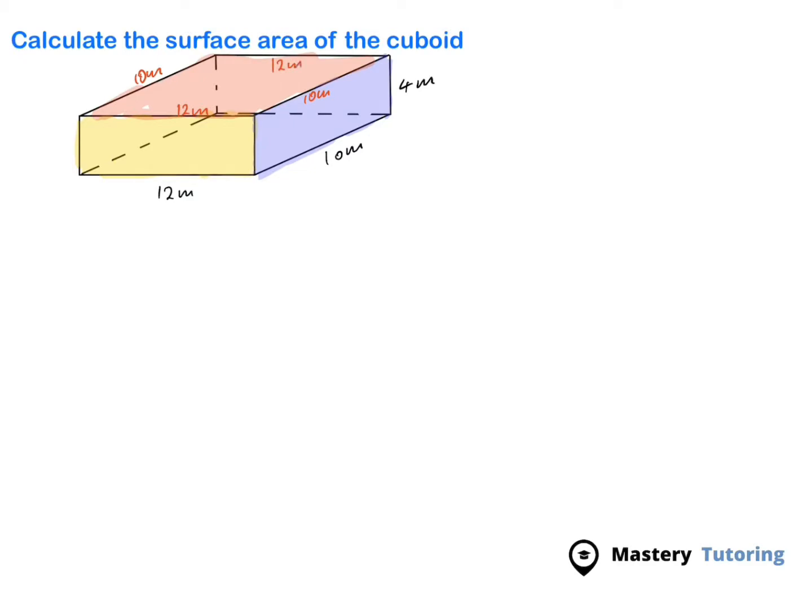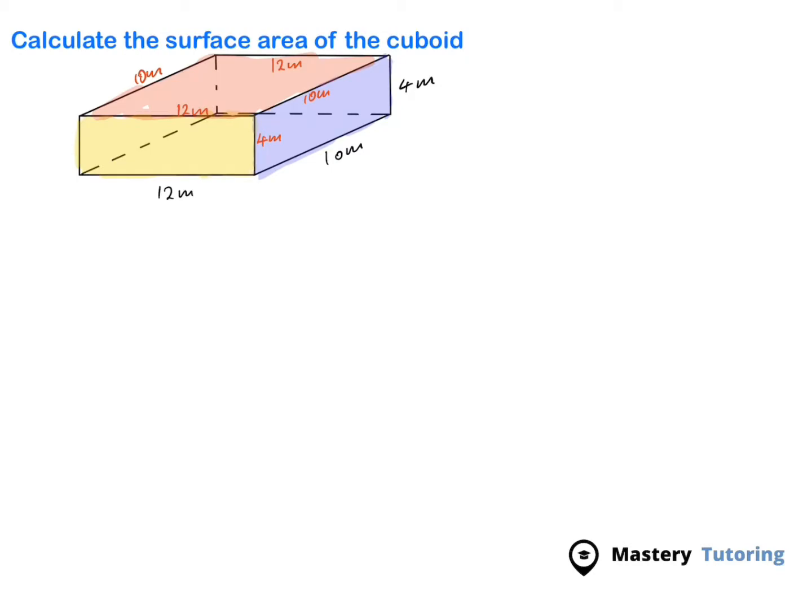12 meters. And now we are going to do the same thing with this 4 meters. When you look at this face, the purplish face, this side is parallel to this side and they are equal. So therefore this is going to be 4 meters as well. And then this side is parallel to this side, so it is 4 meters.